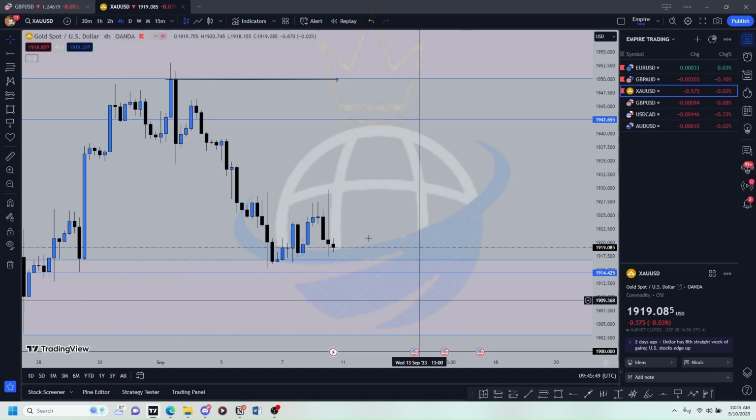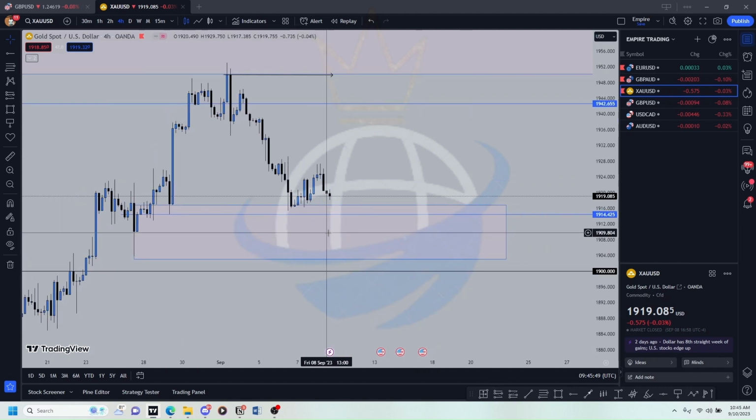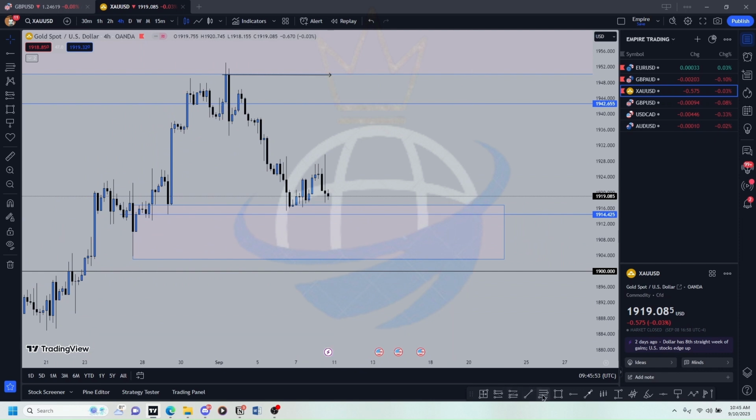Now that liquidity grab that was created, I just had to take the measure of that liquidity grab to have my very good entry and target as well. So you can see here was the target, here was the high. So what did market do?